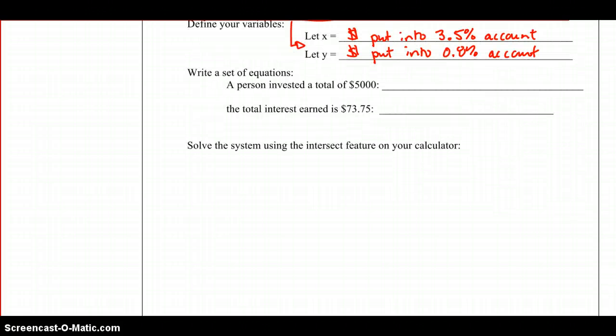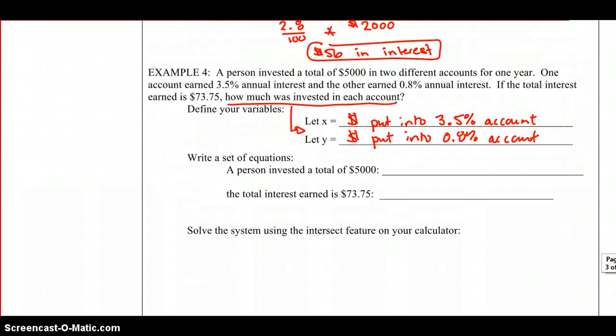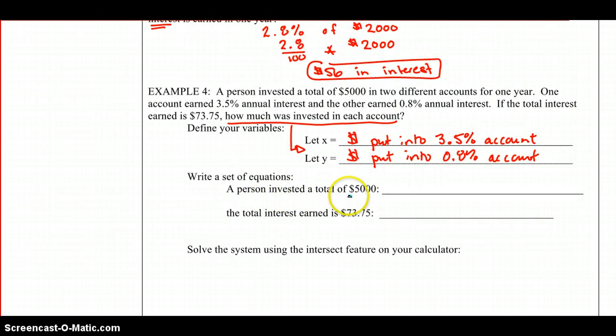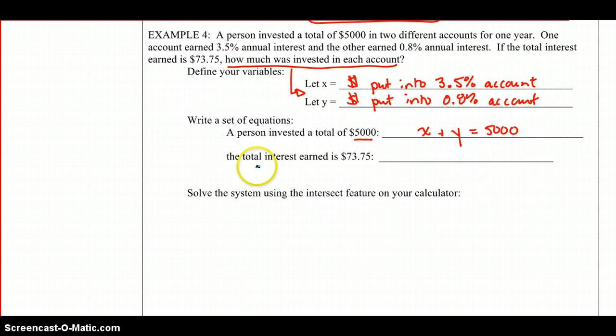Now if we write a set of equations based on the information given in the paragraph, we were told that the person invested a total of $5,000, so X plus Y would have to be equal to $5,000. We were also given the constraint that the total interest earned had to be $73.75.